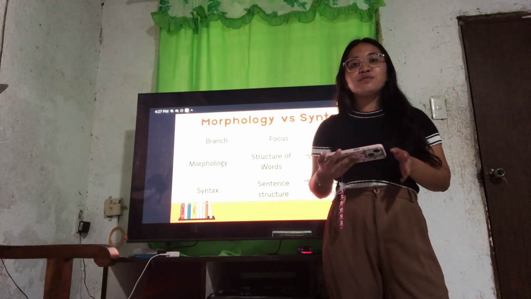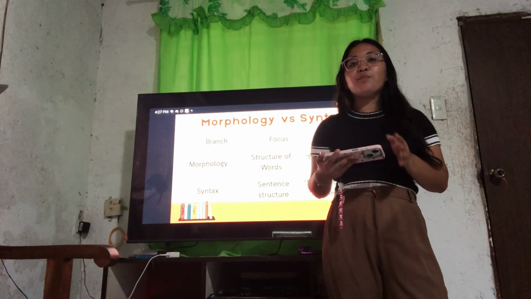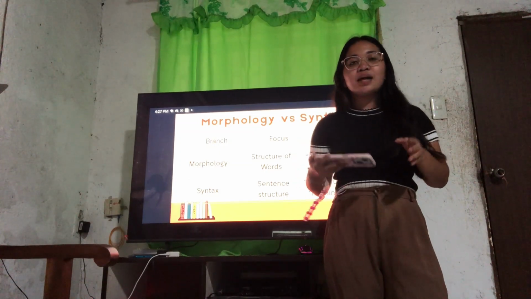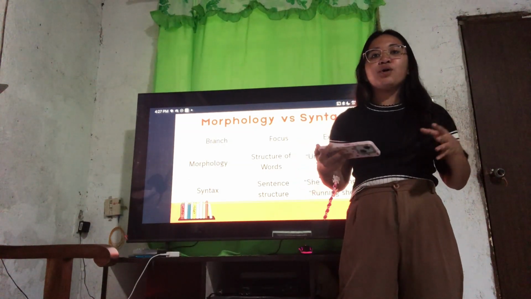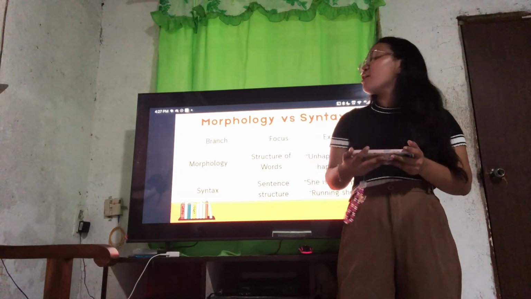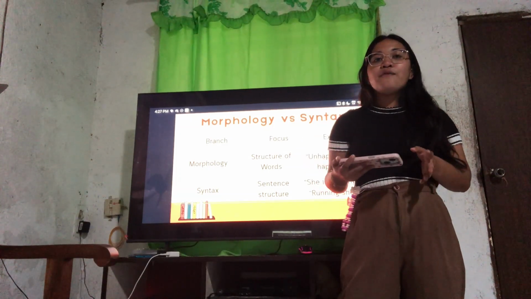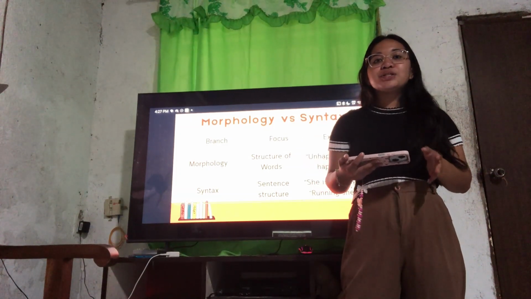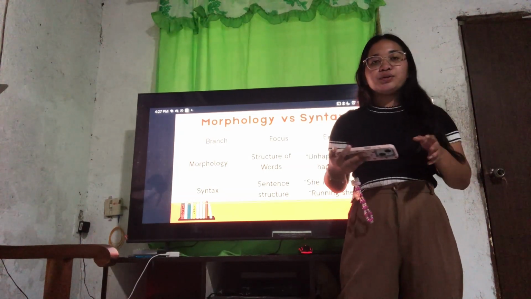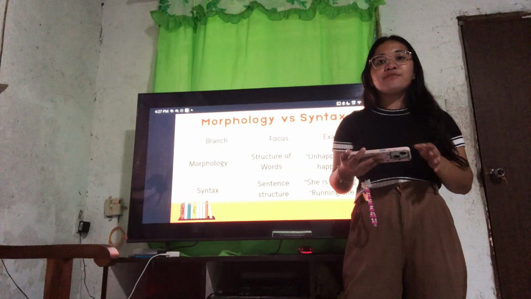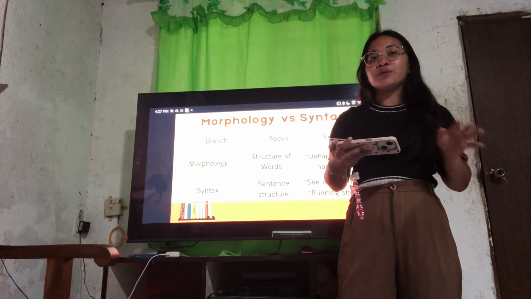And syntax moves us up a level from words to sentences. It's the study of sentence structure, the order of words and how they combine to create meaning. For example, "she is running" follows proper English syntax, but "running she is" sounds off, unless you're Yoda. Different languages have different syntactic rules.